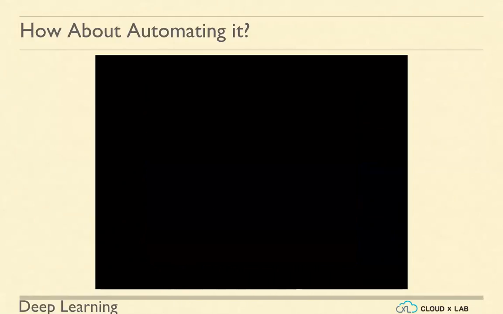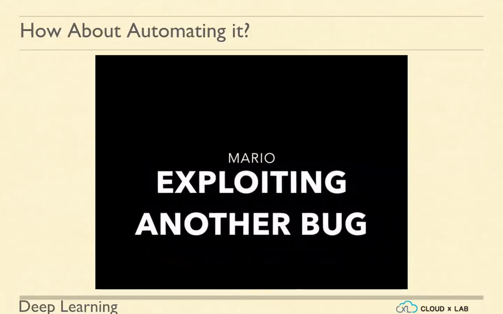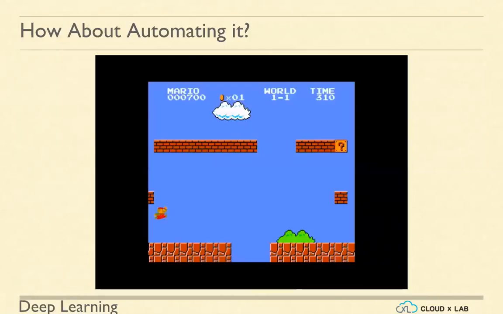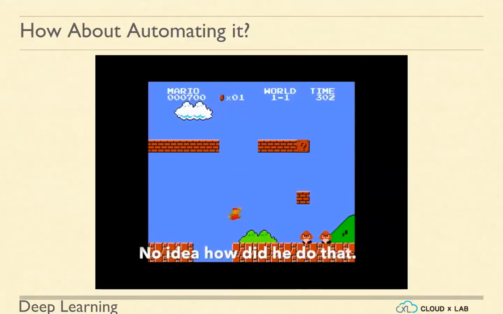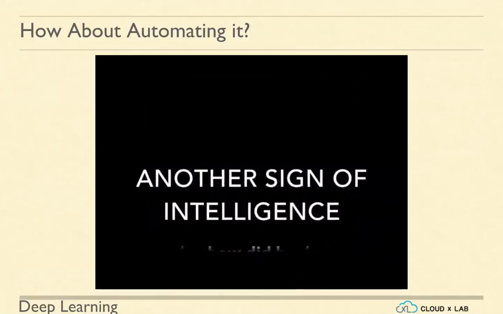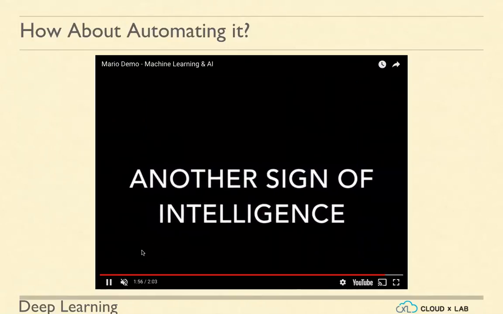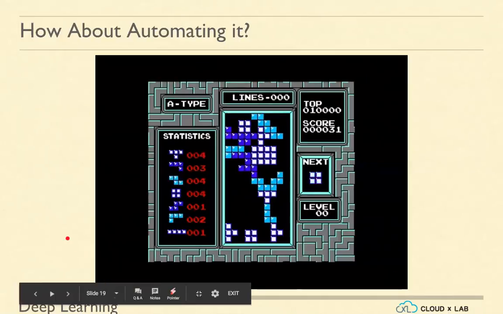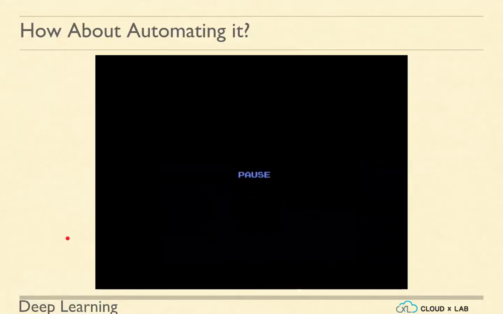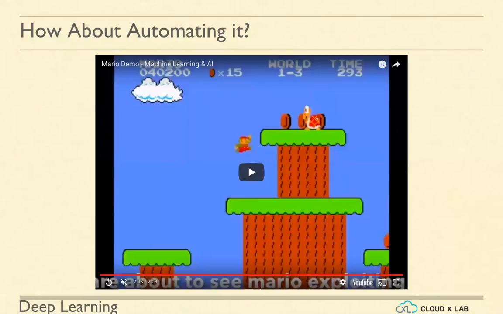You're going to see the program exploiting one more bug. You see that? I have no idea how he did that. He was about to fall and then recovered. Again, in some games it is not able to perform well, and in those games, it started to pause the game.